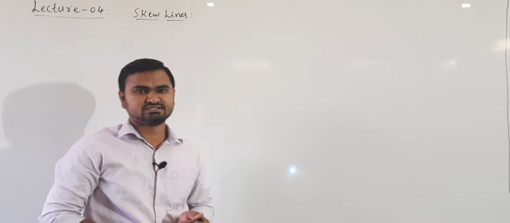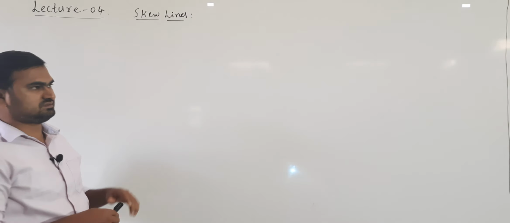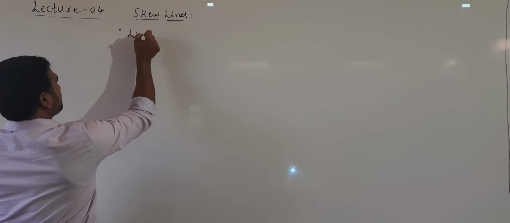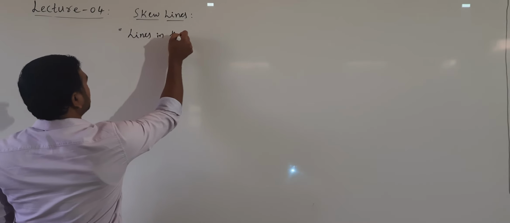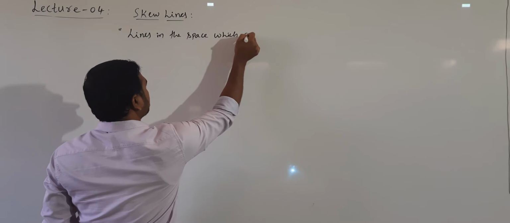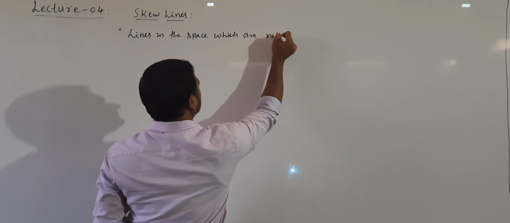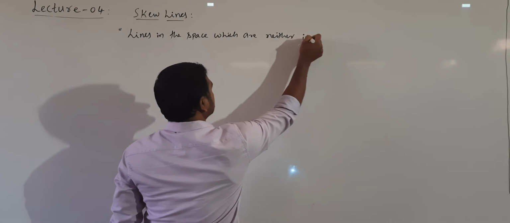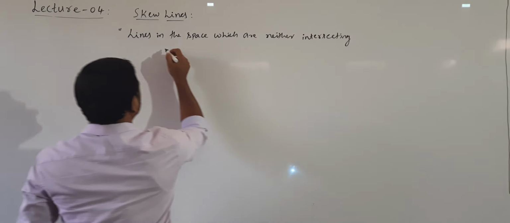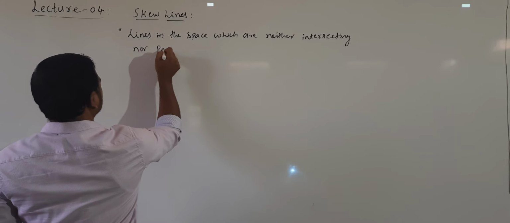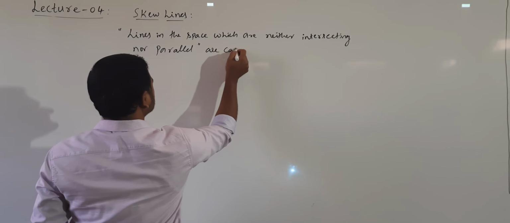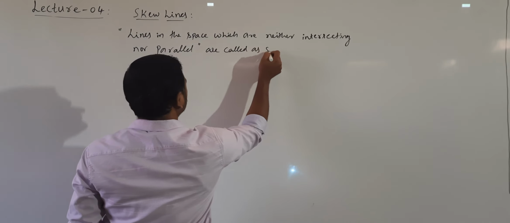That type of lines are called skew lines. So lines in space which are neither intersecting nor parallel are called skew lines.